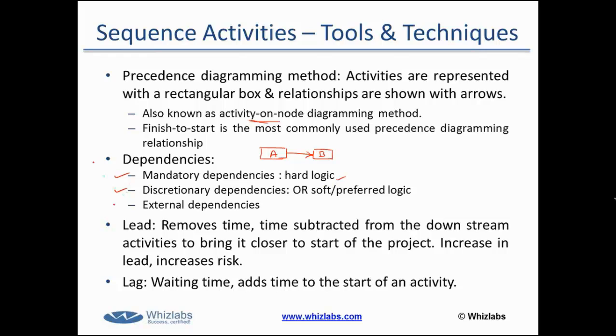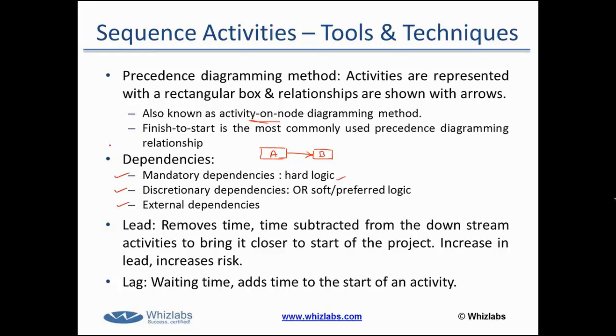For example, I simply prefer to complete the interior decoration of the building before I start the exterior decoration work. It's not mandatory for me to do so, but I prefer doing it that way. And external dependency, wherein you have an external rule that you have to do it this way. For example, once the design is complete, you have to take an approval from a government authority to get the design approved before you start the construction work. That's an example of external dependency.